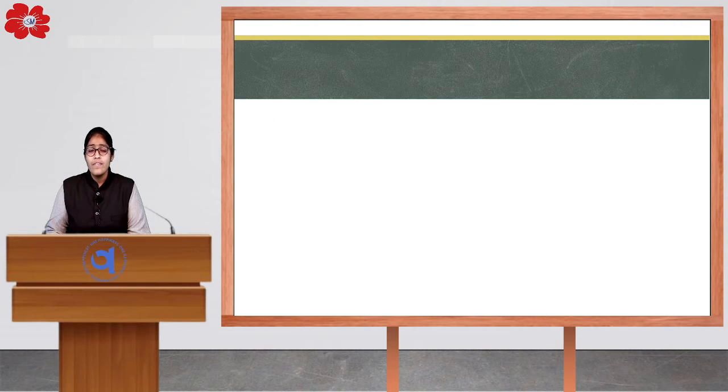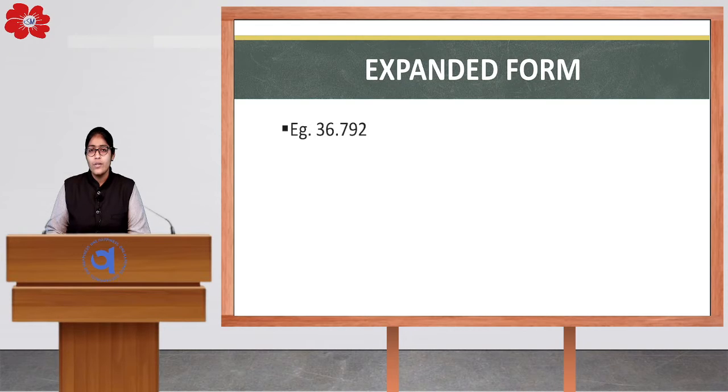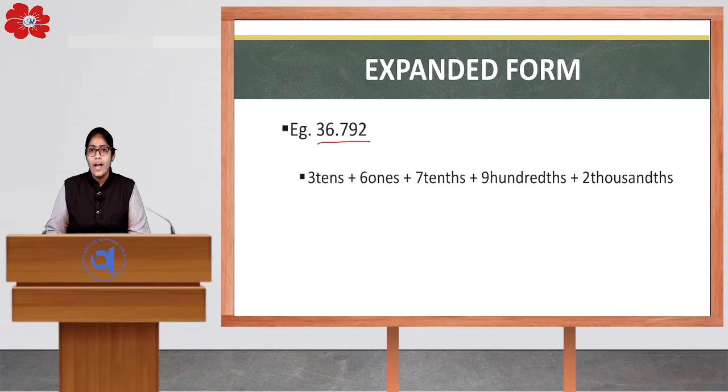Now you have studied about the expanded form of whole numbers. Similarly, we can expand any decimal number also. Let us understand using an example. For example, 36.792. I want to expand this number. How can I do it? First, I will write the number like this: 3 tens, 6 ones, 7 tenths, 9 hundredths, and 2 thousandths.